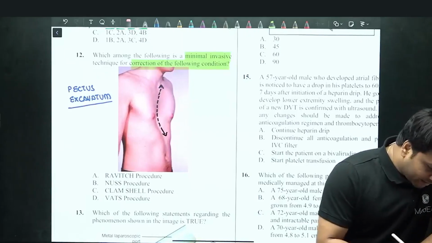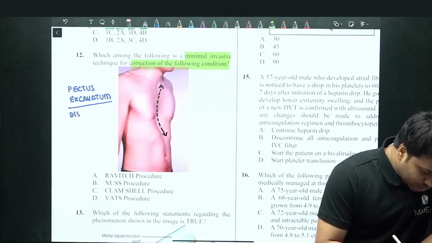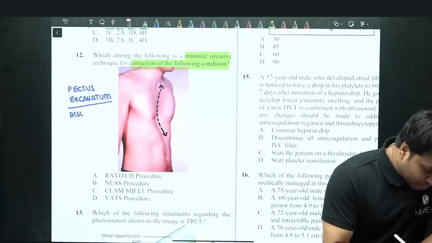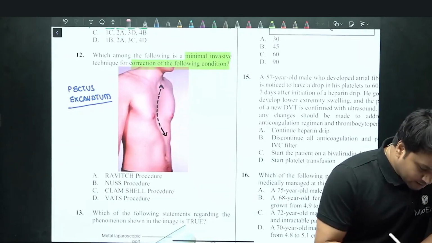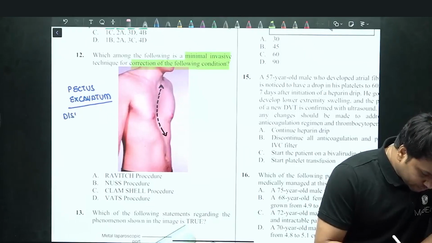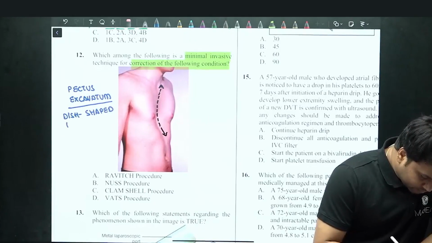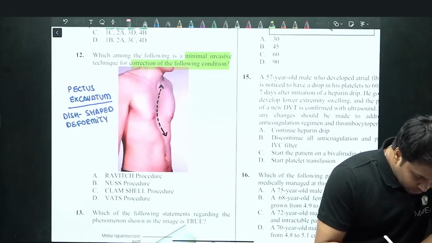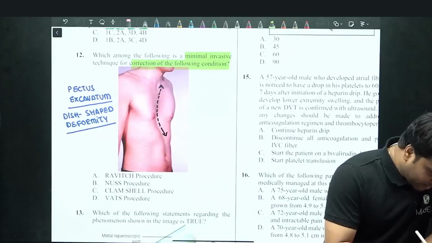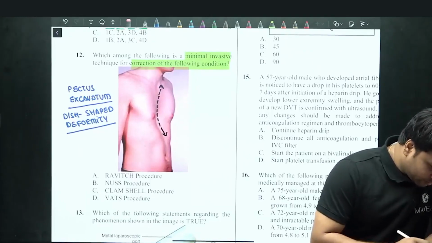And in the Pectus excavatum, it is called a dish-shaped deformity. This is defined as a dish-shaped deformity, right?